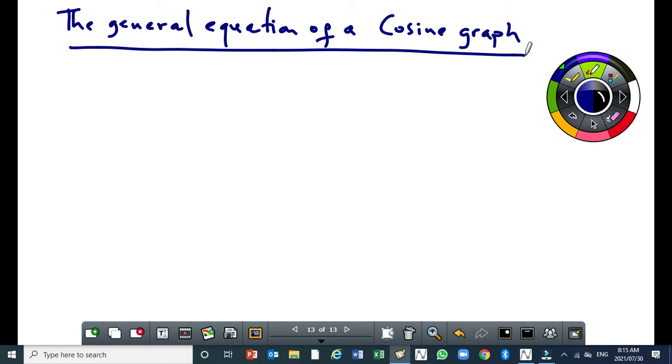Right? The general equation is f of x equal to a cos x plus q. Remember, the one for sine is y equal to a sine x plus q.